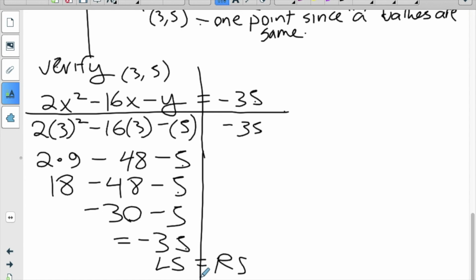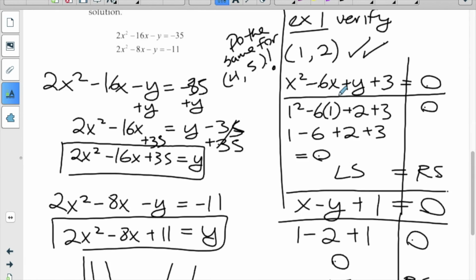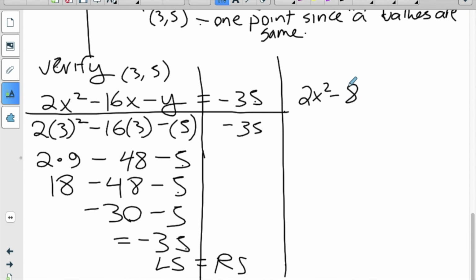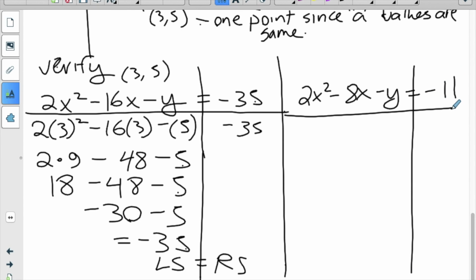Okay, let's do the other one. The other one was 2x squared minus 8x minus y equals negative 11. Same point. So this side's negative 11. This is 2 times 3 squared minus 8 times 3 minus 5.